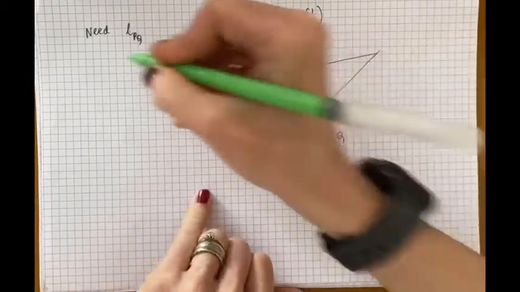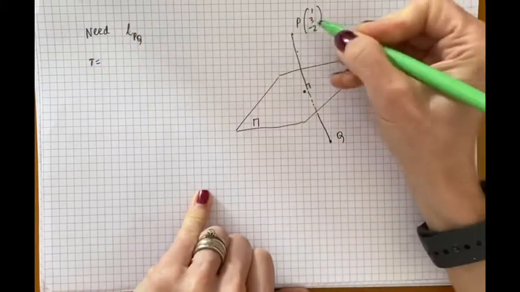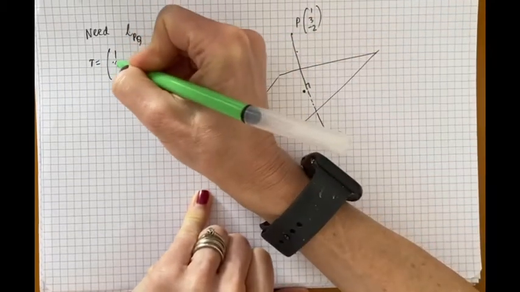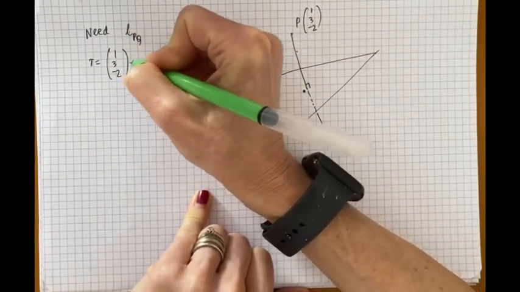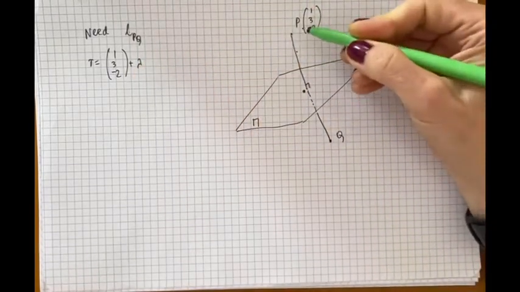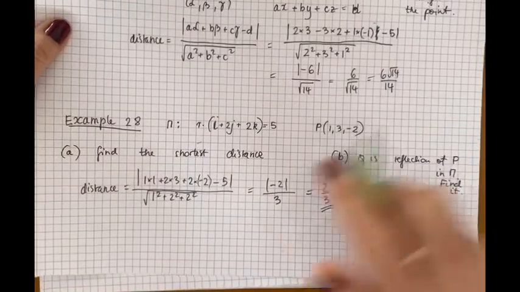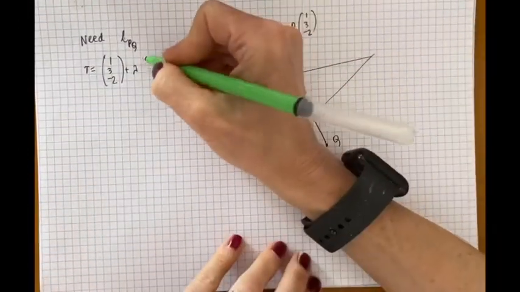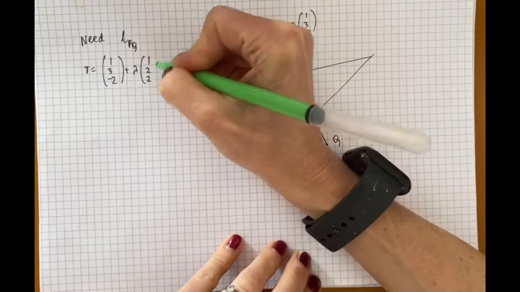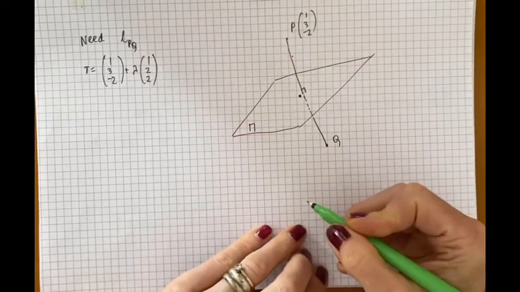Okay, so let's find that line. So it's going to be r is equal to 1, 3, minus 2 plus lambda, and let's use the direction vector of the normal 1, 2, 2. We take it from the equation of the plane. There you go. So what do I know?